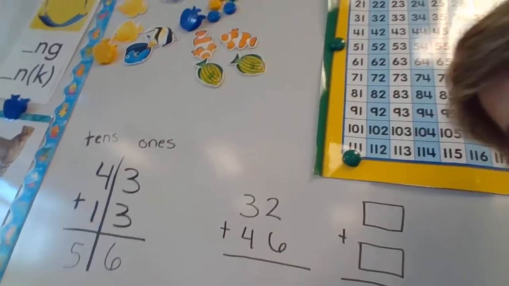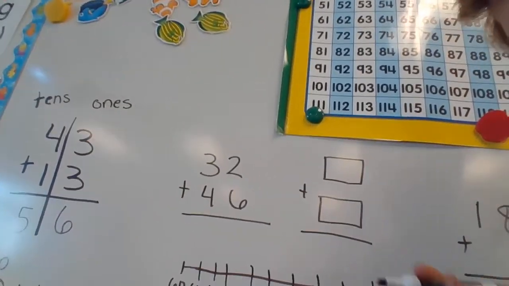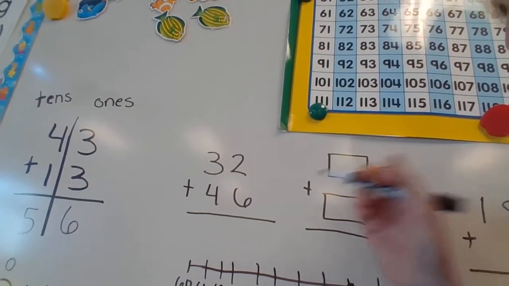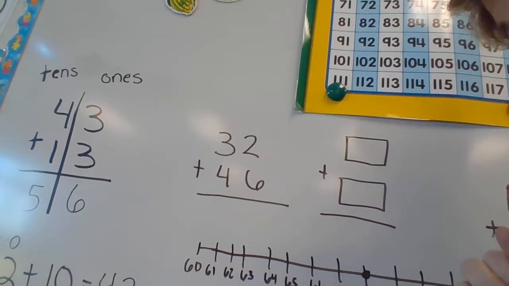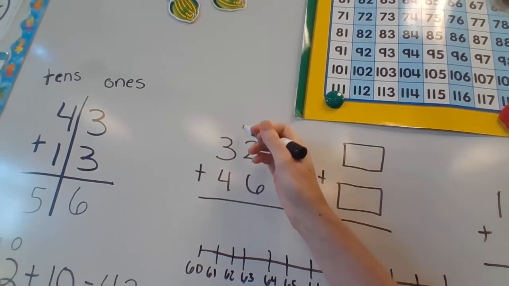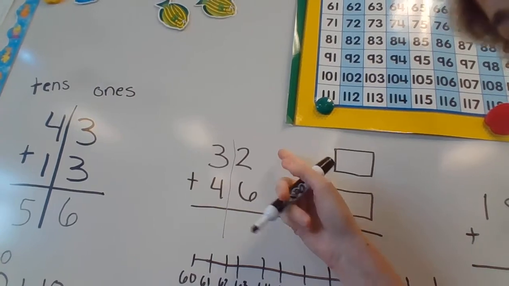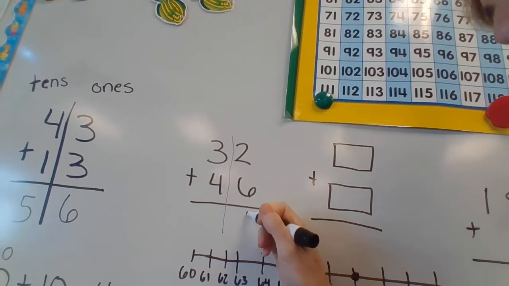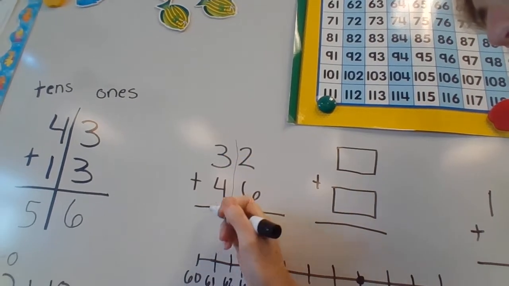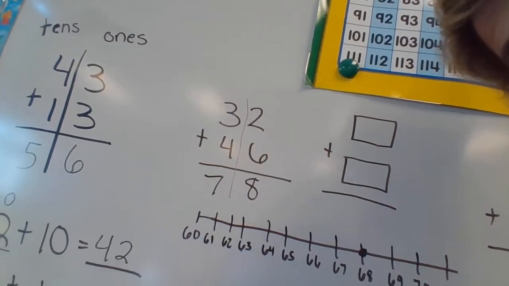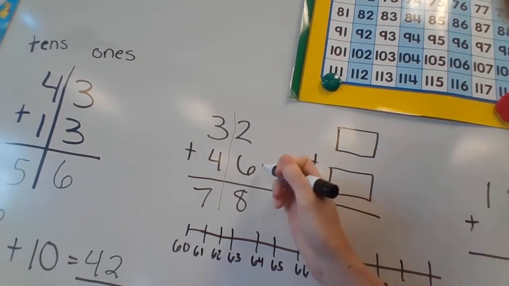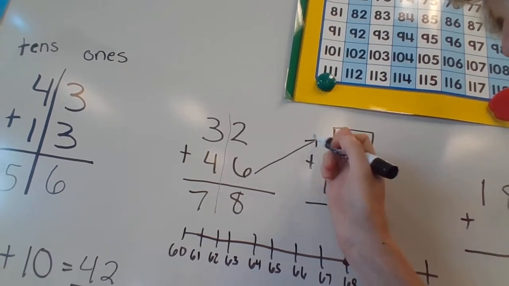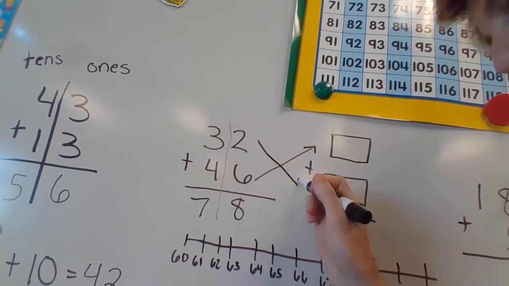Okay, let's look at my next problem I have. Okay, so what we're going to do is we're going to check the sum. So first we're going to add these together. So I add my ones place first. So I say 2 plus 6 is 8. 3 plus 4 is 7. Now to check my sum, all I'm going to do is I'm going to switch my add-ins.